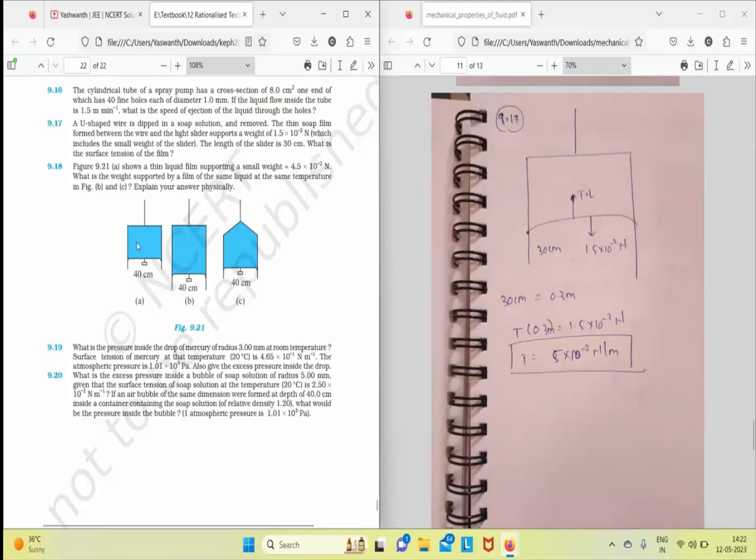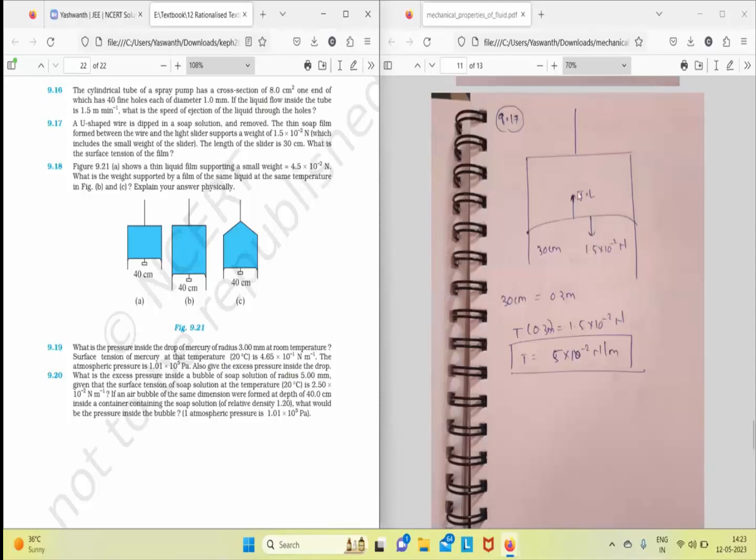You can see this from the next question. So this is the layer of soap formed, and to this layer, what you did is you supported a weight of 1.5 into 10 power minus 2 Newton. And as I mentioned, surface tension is the force exerted by the liquid per unit length along the line tangent to the surface.